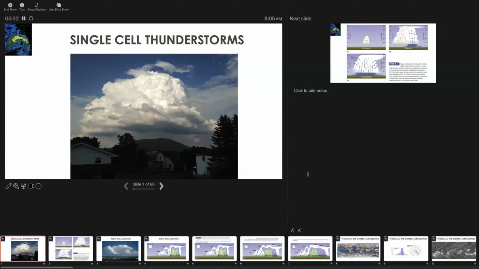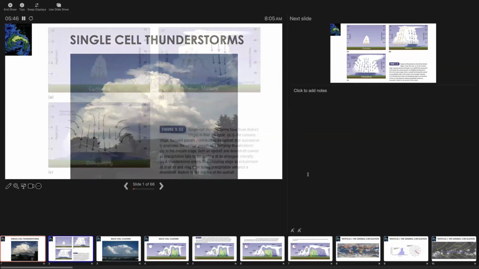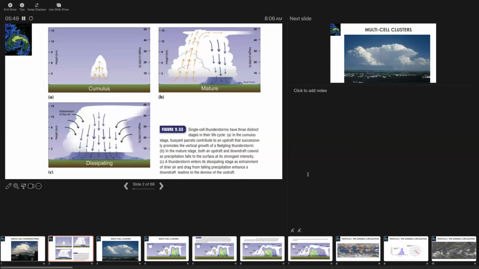One cell of air that is rising in some parts of the system and sinking in other parts of the system. And thunderstorms don't just spontaneously appear, right? They have a genesis. That is what is captured by this diagram here, a very simple cartoon of the development of storms.